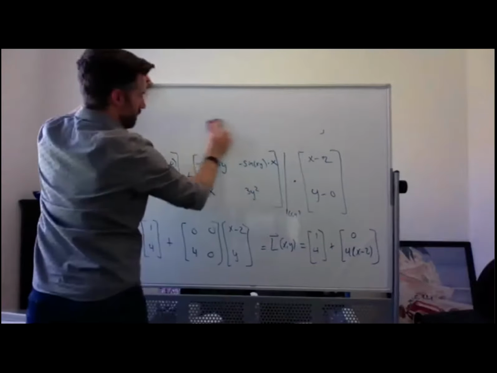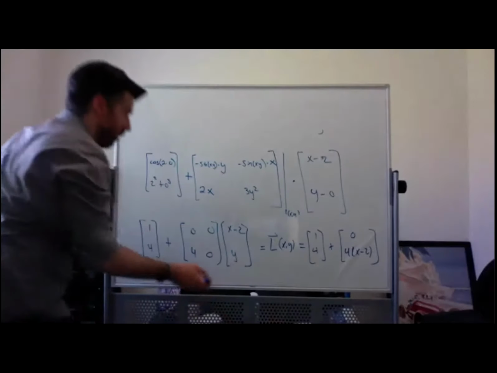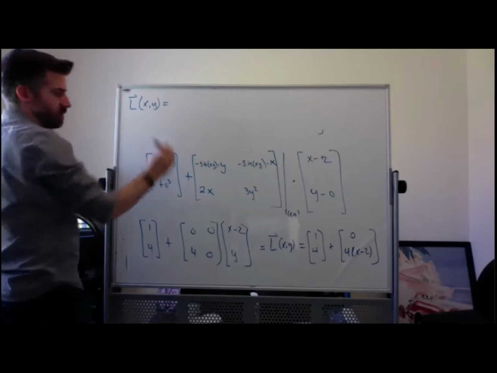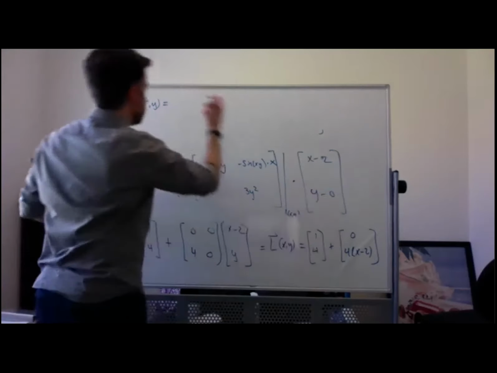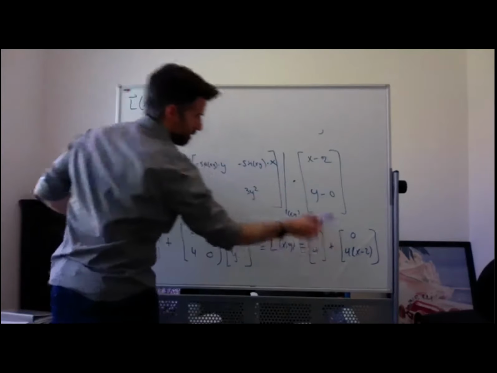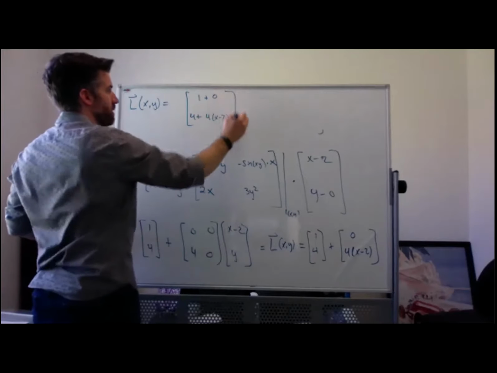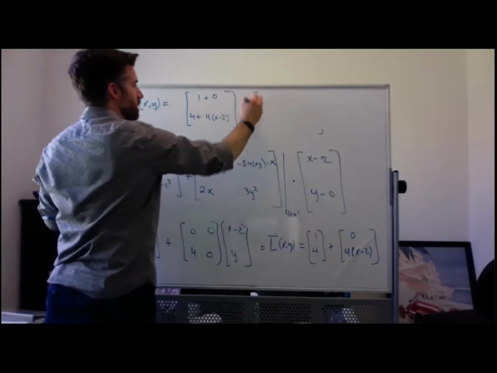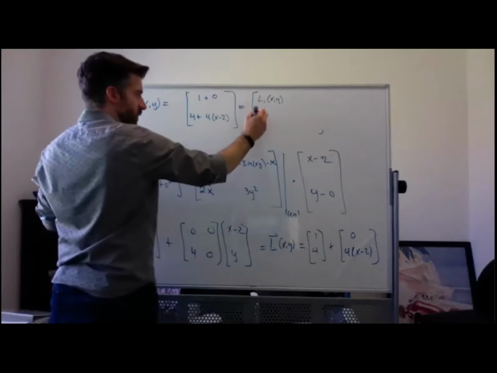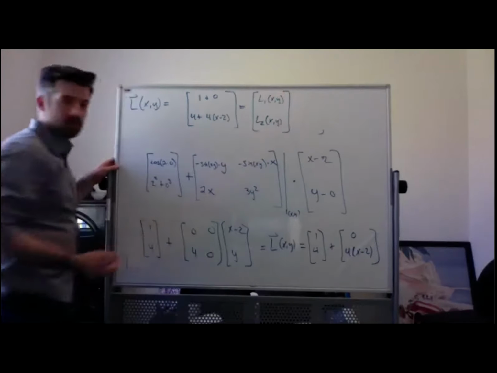Good question. So here's what I'm doing. I'm really just adding the parts together, writing it as one vector. I'm saying the linearization of x comma y is equal to 1 plus 0, and then 4 plus 4 times x minus 2. And this vector is the linearization of each of the functions f1 and f2 as components.